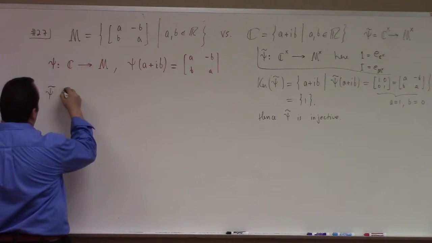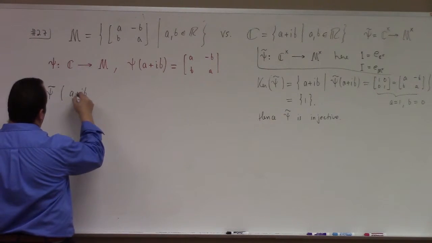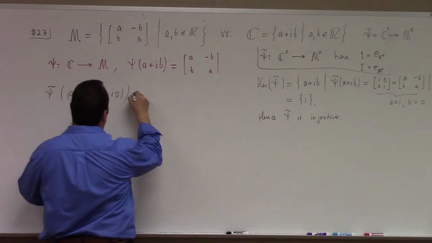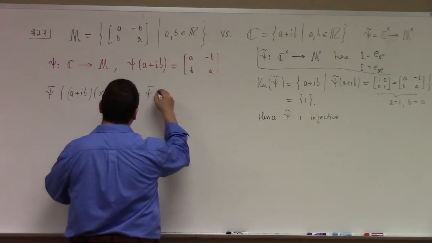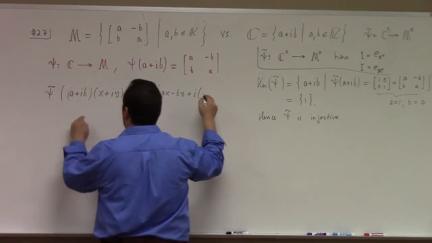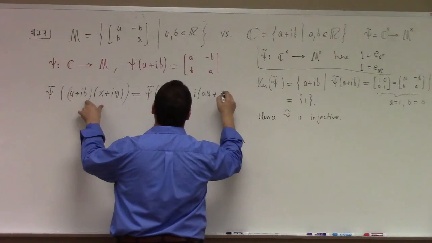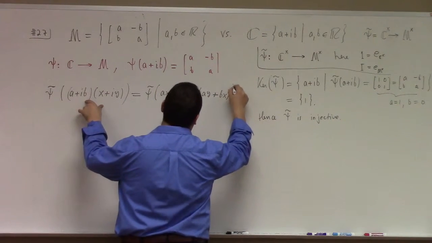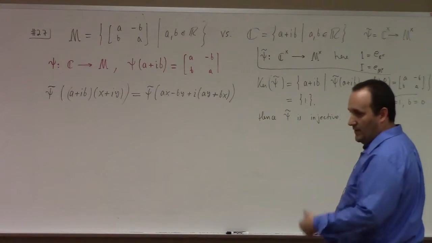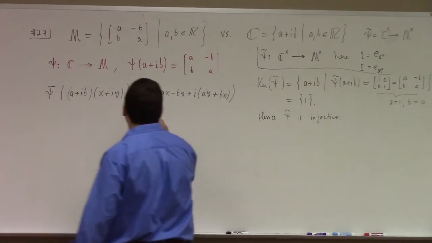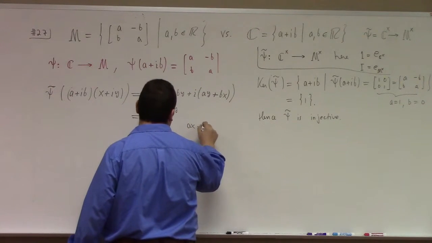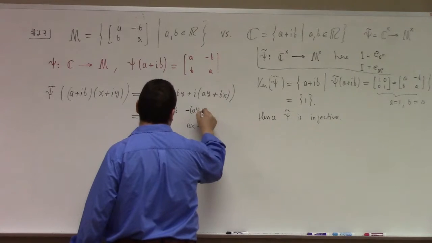Psi tilde of a plus ib times x plus iy is psi tilde of ax minus by plus i times ay plus bx, by complex number multiplication, which I assume you know how to do. Now I apply the definition of the map, which gives me the matrix with entries ax minus by, ay plus bx.